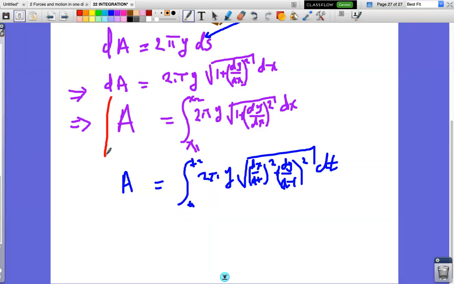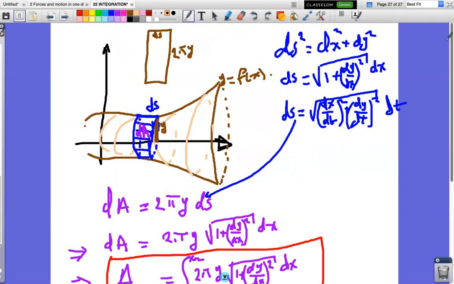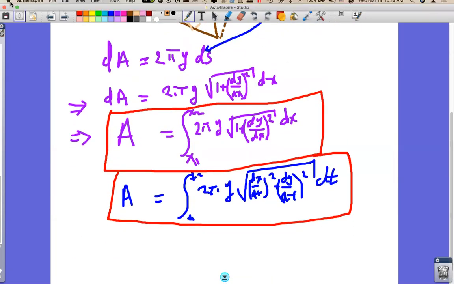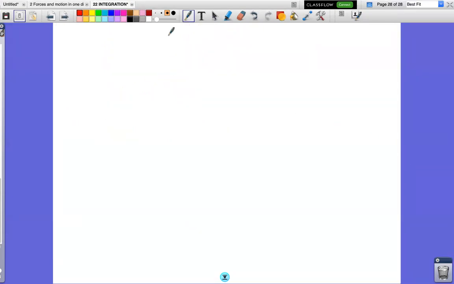Again, I don't recommend memorizing these formulas. But if you have a question that needs you to use them, you can easily derive them. All right? I will not do any example. There are some examples in the course on my website, which you can check out.